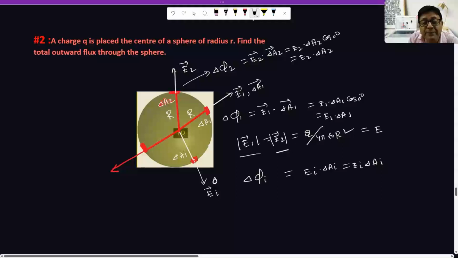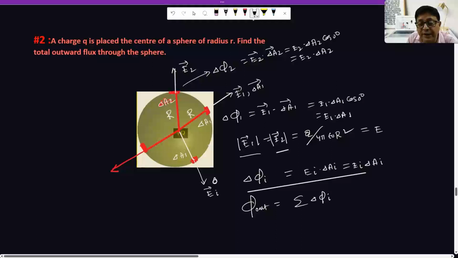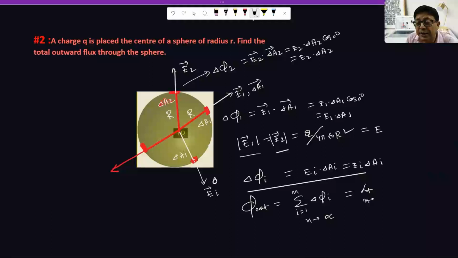So how to calculate the net flux? This is the representative of all those elemental portions. So the net flux coming out will be the summation of delta phi i, with i equal to 1 to n, and n tending to infinity.